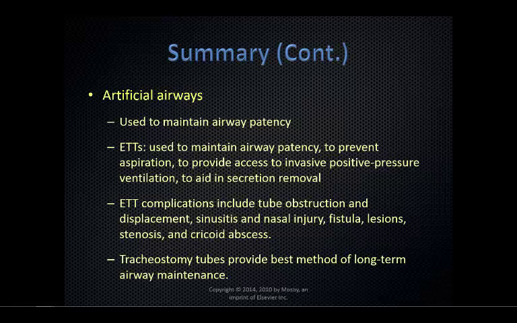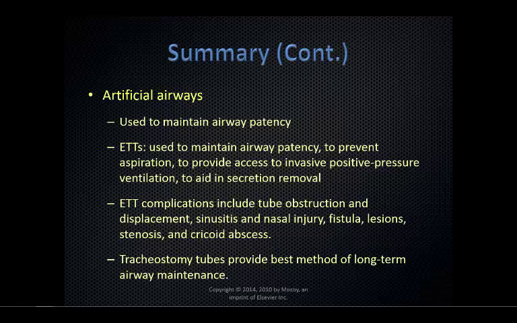Complications of ET tubes, although rare, can happen. The more common would be tube obstruction, tube displacement, and sinusitis is actually not that uncommon.